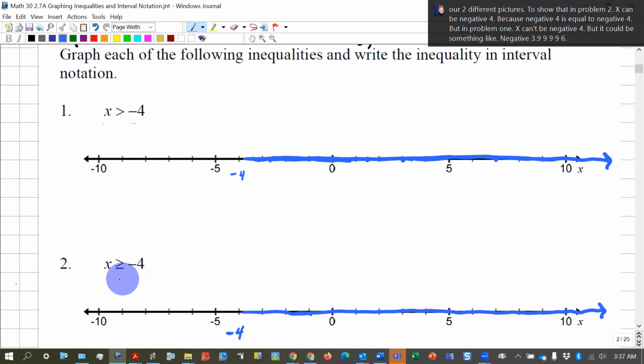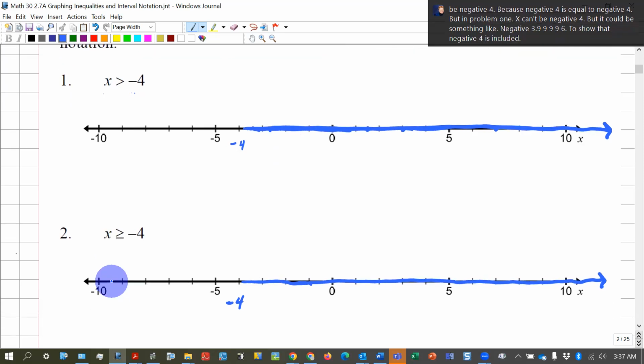To show that negative 4 is included, in the past, you may have seen that people will draw a solid dot where negative 4 is on the number line to show that that endpoint of this ray that's going to the right is included.